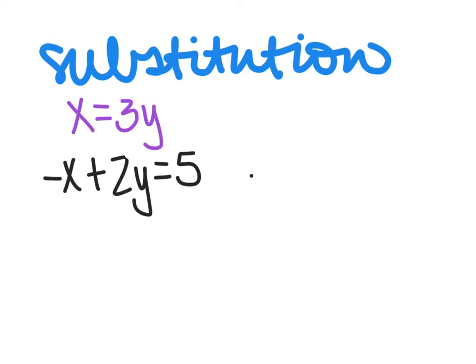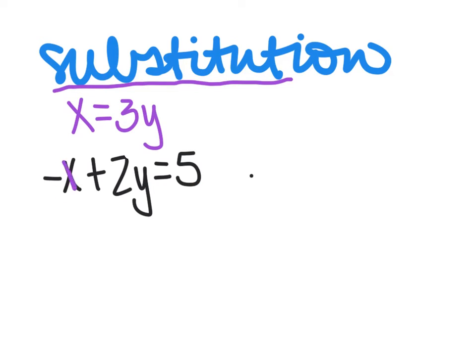The second method we learned about was the method of substitution, which is where we are substituting in one thing for something else. So notice this first equation tells us that x equals 3y, and then it tells us negative x plus 2y equals 5.